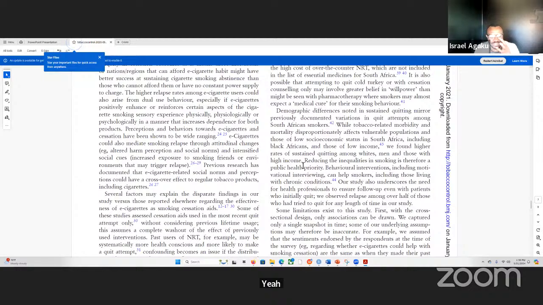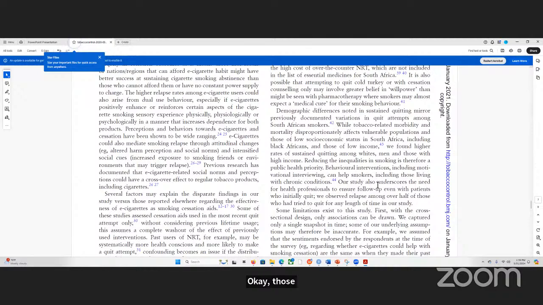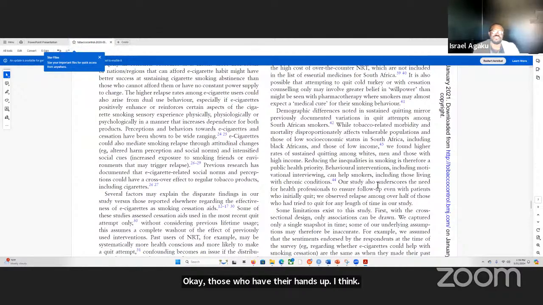Or we can just ignore causal inferences altogether. Okay, those who have their hands up, I think Kinsukulu. Okay, so we'll keep causal inferences next week then, and we'll see.